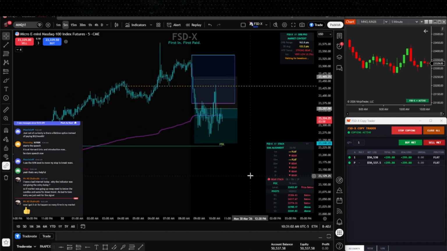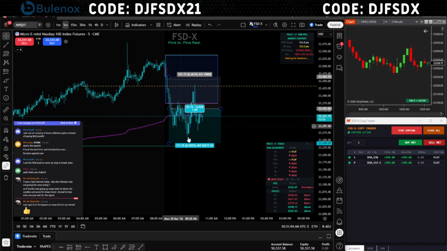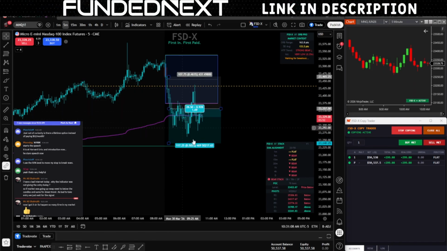But yeah, so this looks very, very choppy. So I wouldn't want to be in this trade and just trying to figure out where do I get out? What do I need to do? This just looks kind of back and forth.